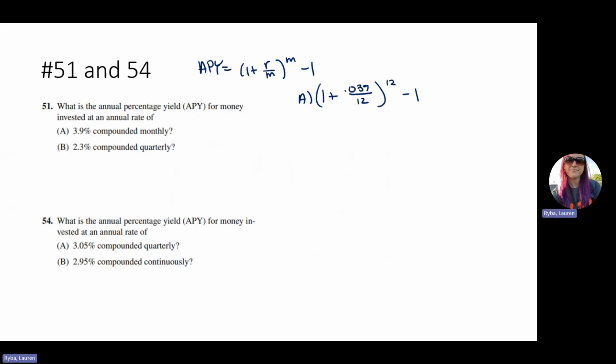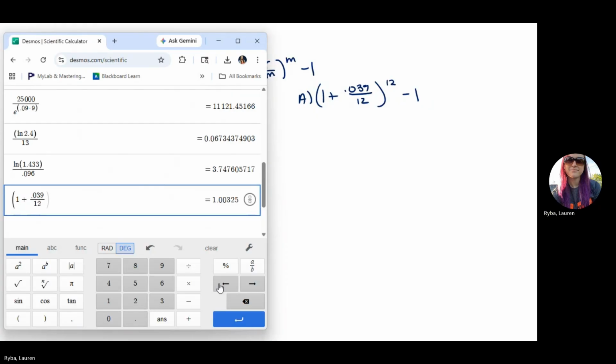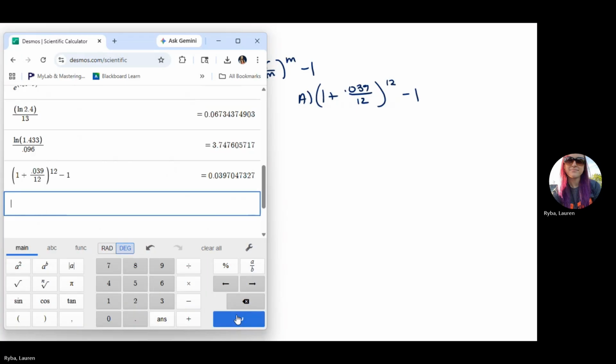So the bank advertises you're going to earn 3.9%. 1 plus 0.039 over 12, raised to the 12th power. And then I arrow out, so I'm no longer in the exponent, minus 1. And I get 0.0397.